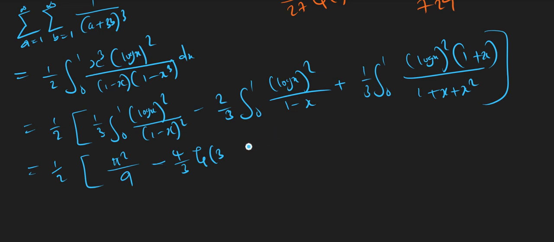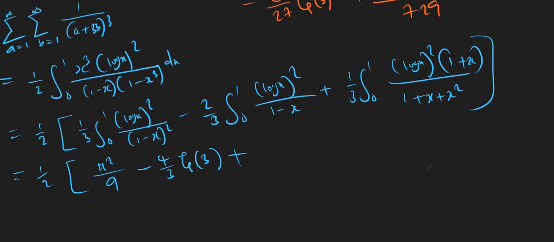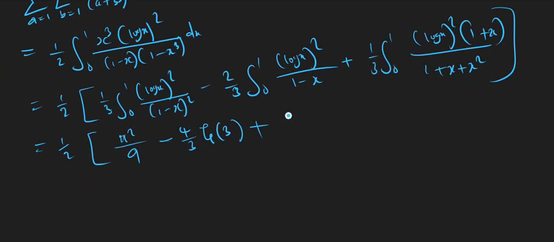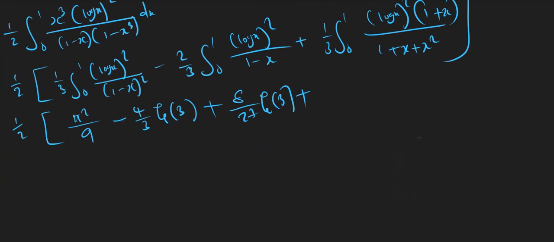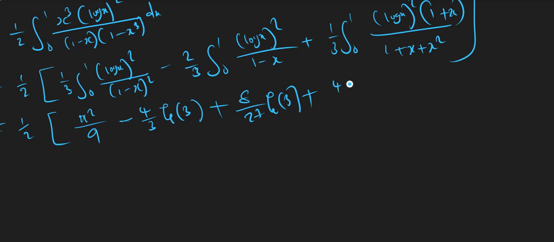Then the third one is not too far from us here; it is going to equal plus 8 over 27 zeta of 3. And then finally, we have 4 pi cubed square root of 3 over 729.